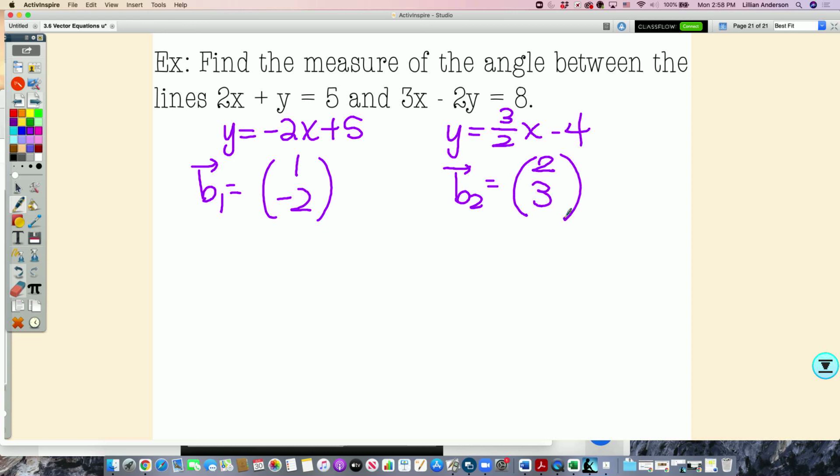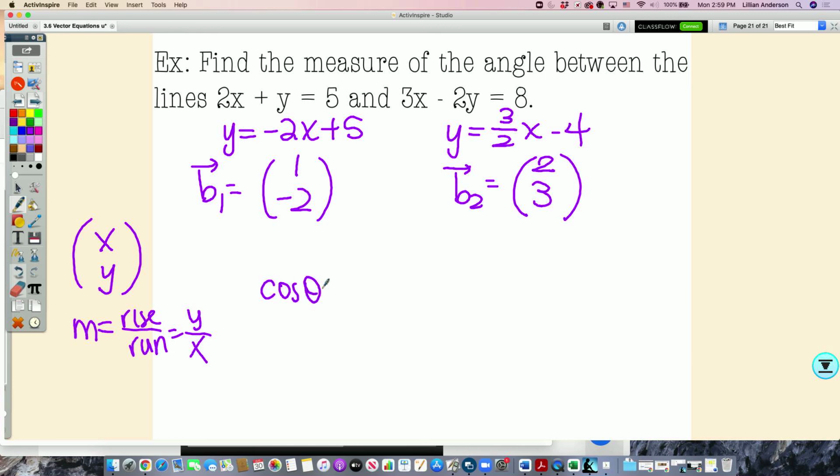Be careful with that, because in vector form x is on top and y is on bottom, but slope is rise over run, which is y over x. So when you find the angle between the two lines, you have to flip the gradient. That's the only tricky part.